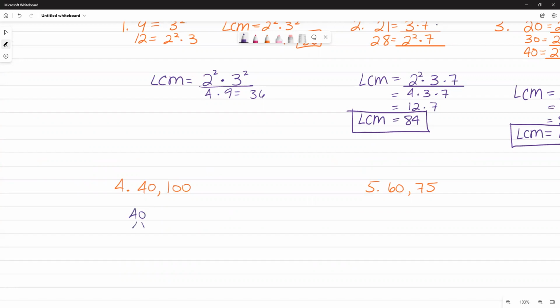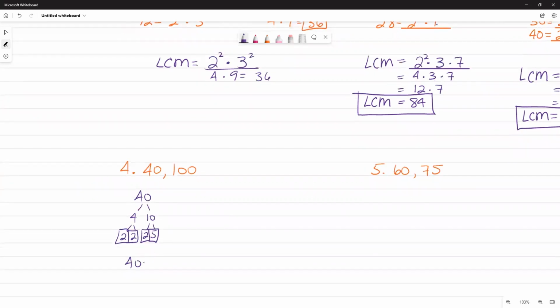I know that 40 is 4 times 10. This is 2 times 2 and 2 times 5. So 40, I've got 2 cubed times 5. I'm actually going to write that over here so I don't take up so much room.